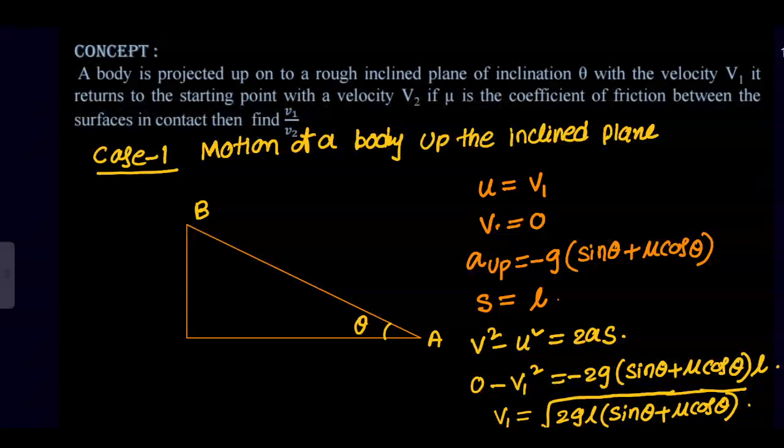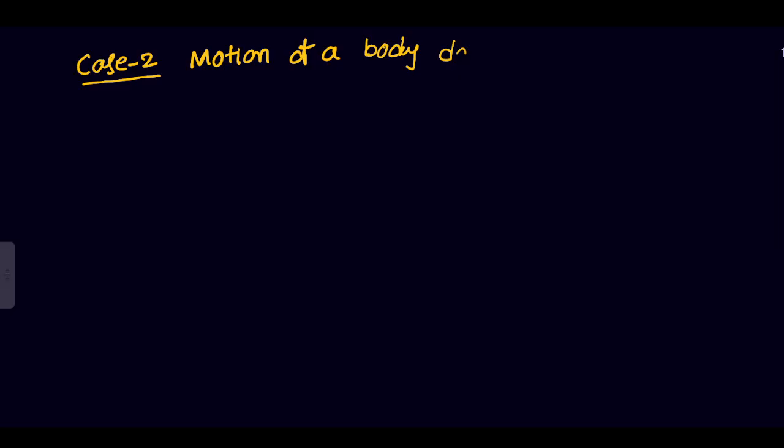Now we should get the v2 value. For v2, what should we do? We need to consider the motion from B to A, that means down the inclined plane. Now the second case: motion of a body down the inclined plane.